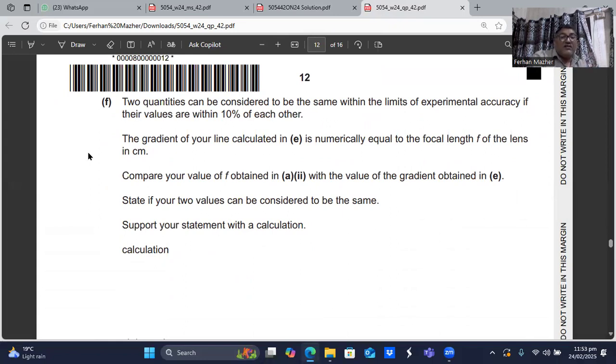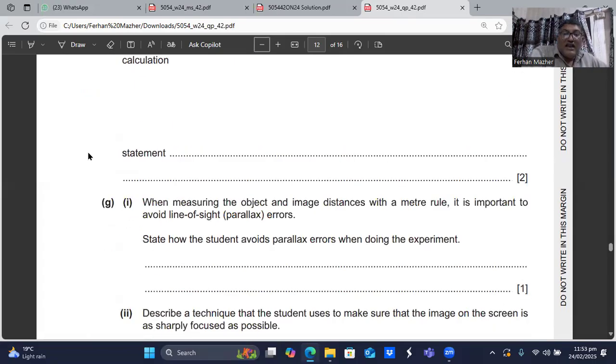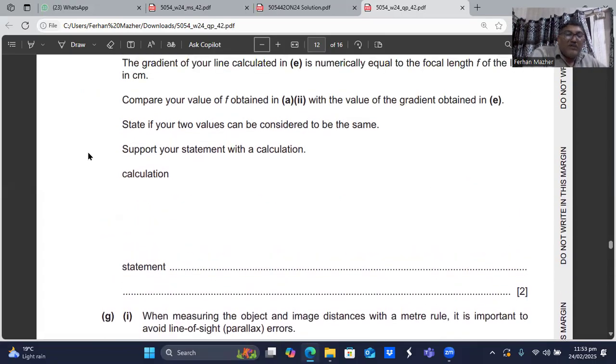The gradient of your line calculated in the E part is numerically equal to the focal length f of the lens in centimeters. Compare your values of f obtained in the A second part with the values of the gradient obtained in the E part. State if your two values can be considered to be the same. Support your statement with a calculation.